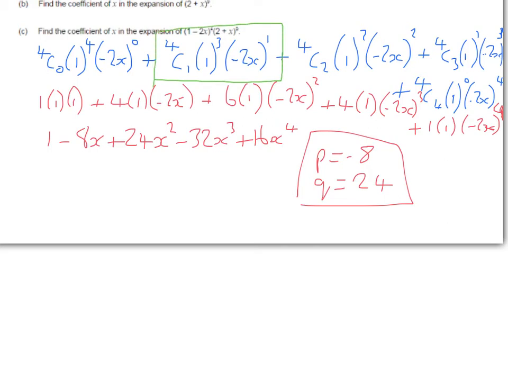So let's think about what happened to get to that point. If you feel more comfortable starting at the beginning, that's fine, and I'll probably do the same with you now. But if you want to go straight for the second term, you can do. So let's think. It started with power 9.